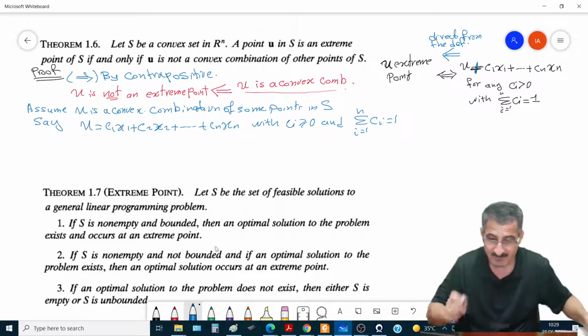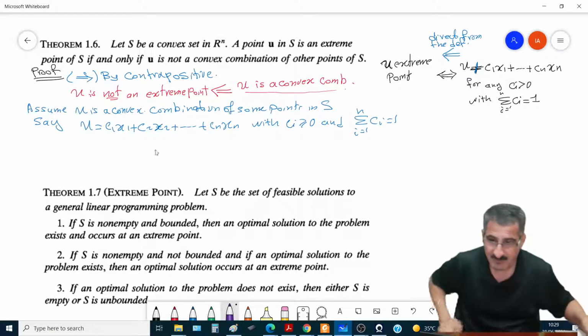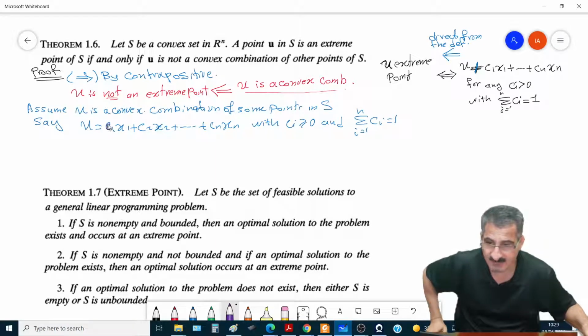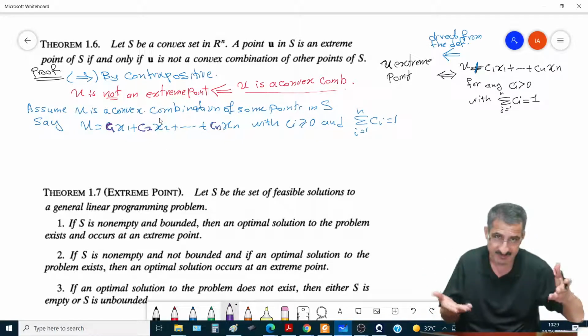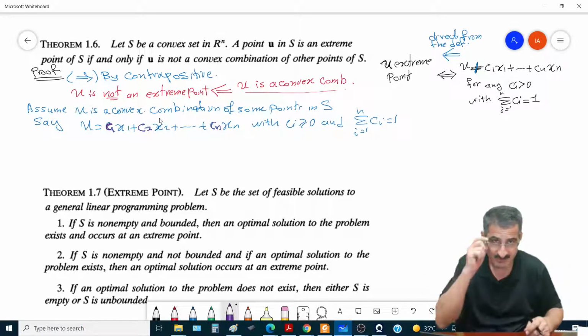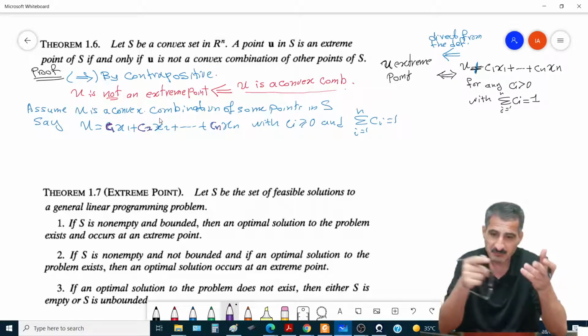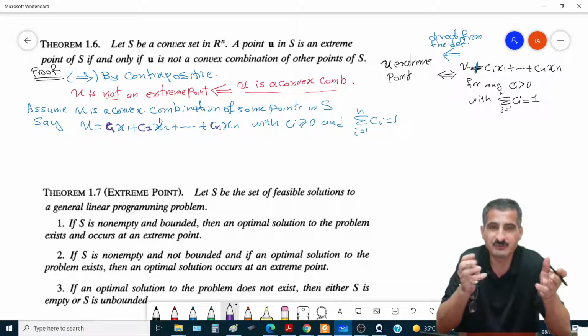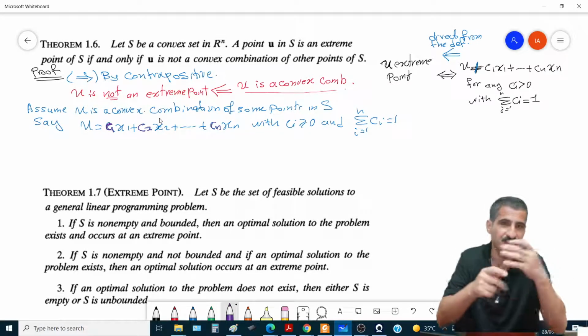What we do here: one of these C's must be non-zero. We cannot assume all of them are zero, because then we would not have a convex combination. At least one of these C's must be non-zero. Which one? We can assume it is the first one. We can reorder, change the order, and change nothing.